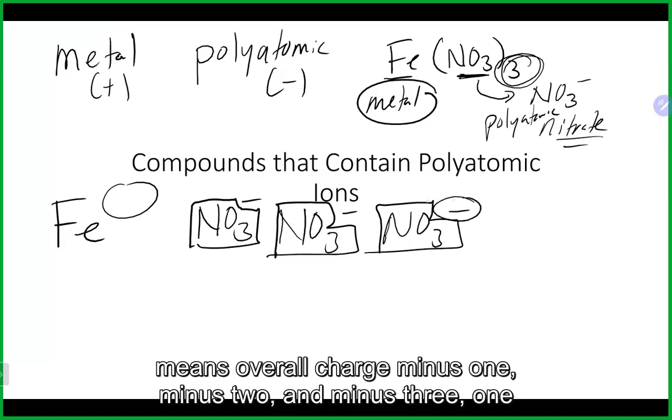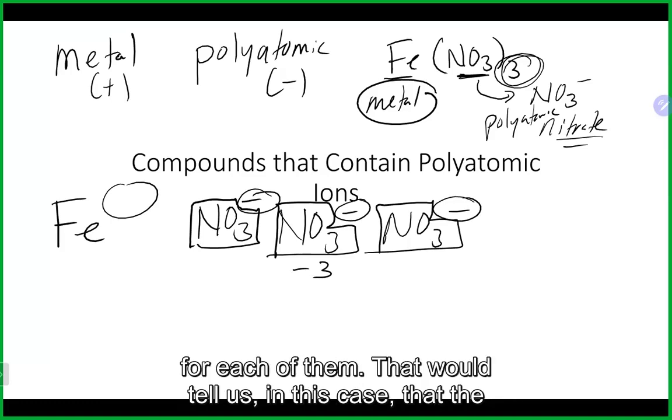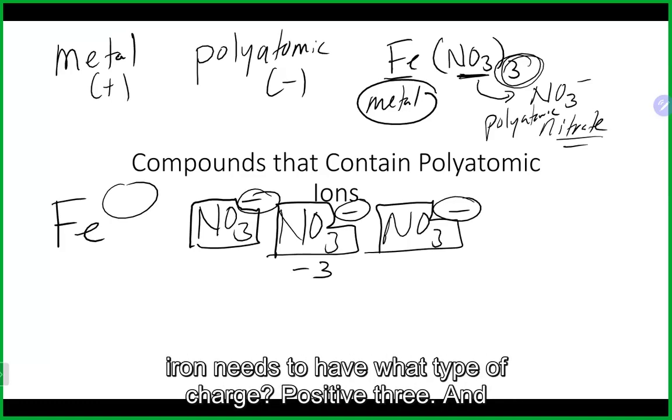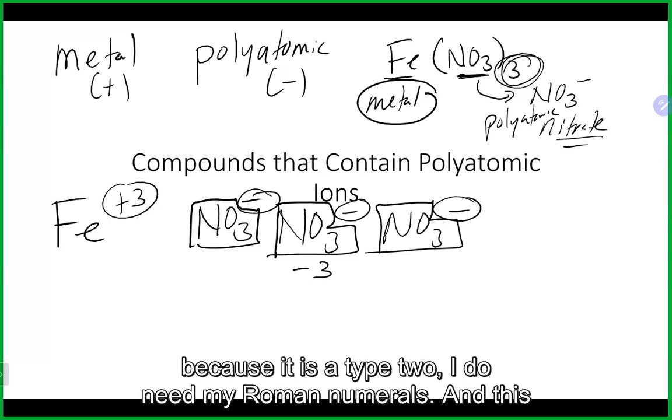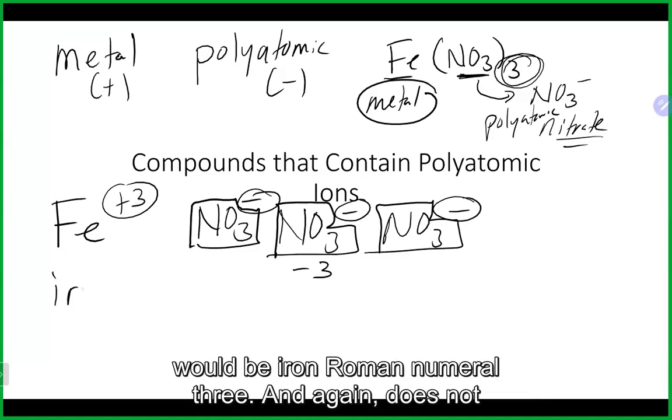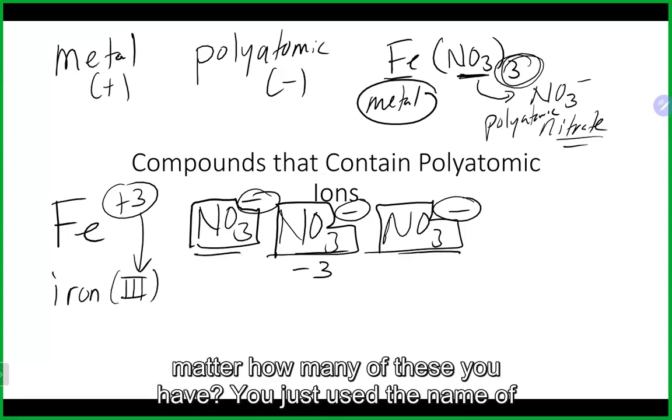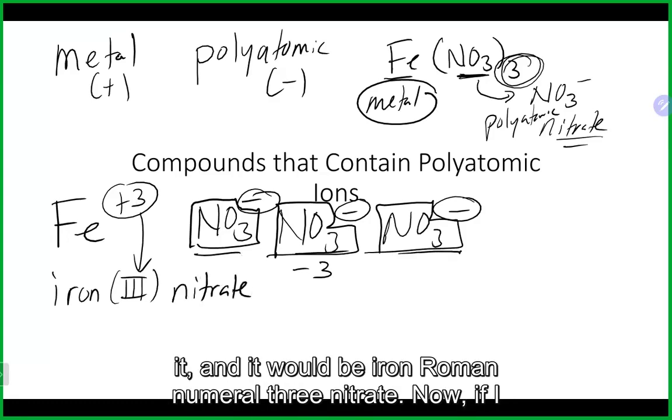That means overall charge, -1, -2, and -3, 1 for each of them. That would tell us in this case that the iron needs to have what type of charge? +3. And because it is a type 2, I do need my Roman numerals, and this would be iron Roman numeral 3. And again, does not matter how many of these you have, you just use the name of it, and it would be iron Roman numeral 3 nitrate.